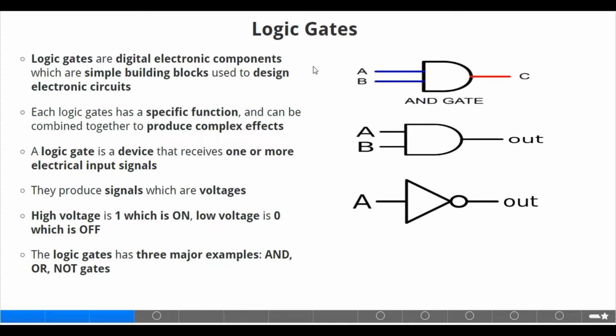The logic gate has 3 major examples: AND, OR, or NOT gates. As you can see here, we have the AND gate at the top. At the middle, we have the OR gate, and below is the NOT gate.